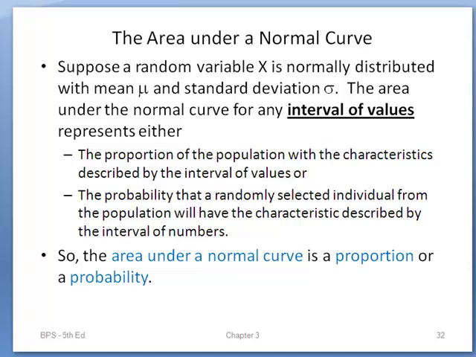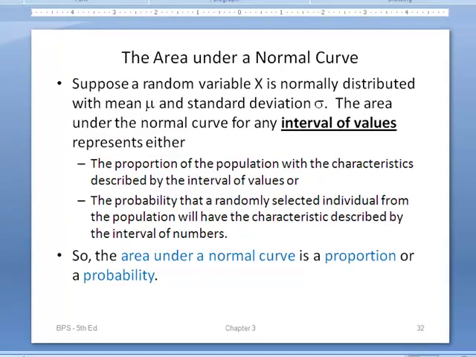Now the areas underneath that normal curve are for any intervals of values. And they can represent either the proportion of the population with the characteristics described by the interval, or the probability that a randomly selected individual from the population will have characteristics described by the interval of numbers. So that area under the standard normal curve is a proportion or a probability.